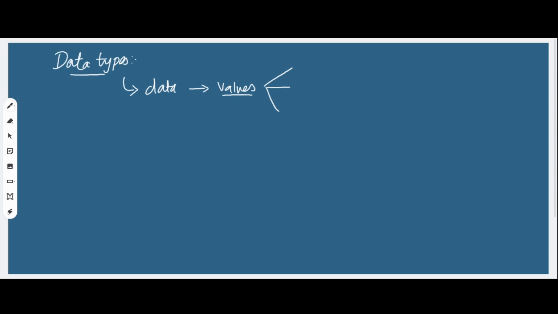The first one we can say is whole numbers, the next one is fractional numbers, the next one is characters, and the last one is true or false condition.